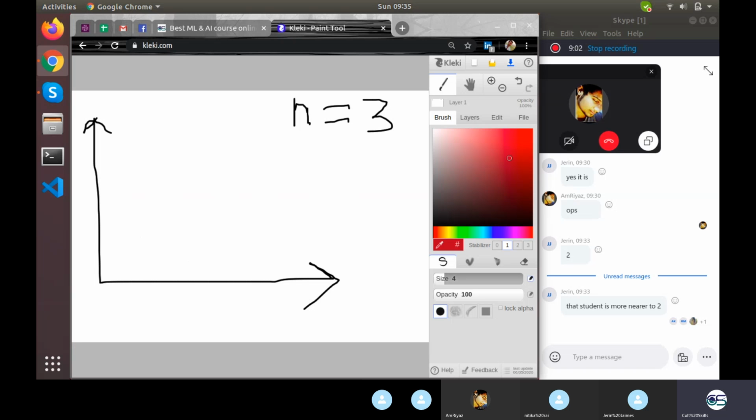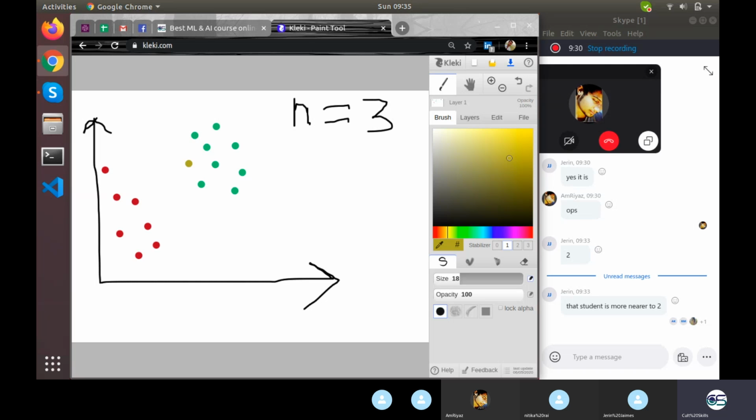One of the classes is the red class, one of the classes is the green class. Now there is a point of yellow color right here.